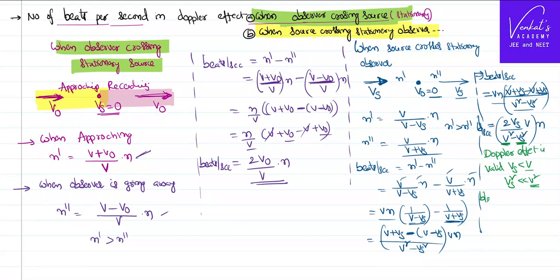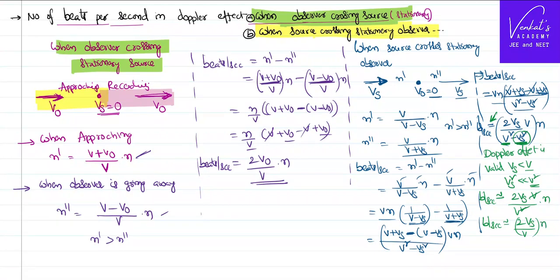Then beats per second is now approximately, remember, I had written equal before, but here I am writing approximately, 2 Vs into V by V square, minus this term, which I have ignored and am writing as 0, times N. One velocity of sound can be cancelled, so beats per second can approximately be written as 2 Vs by V into N.